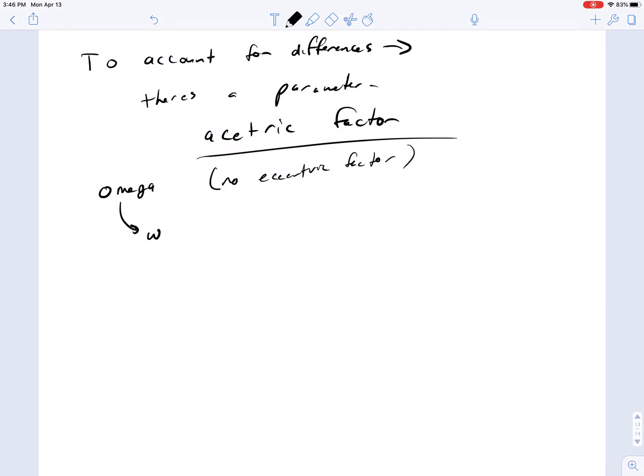And what this is equal to is minus 1.0 minus log base 10 of the vapor pressure at a reduced temperature of 0.7, all divided by the critical pressure.